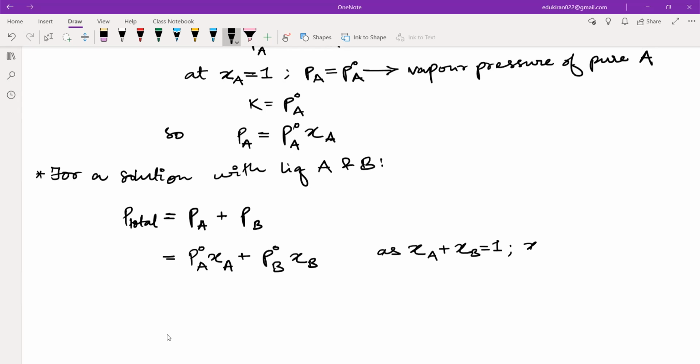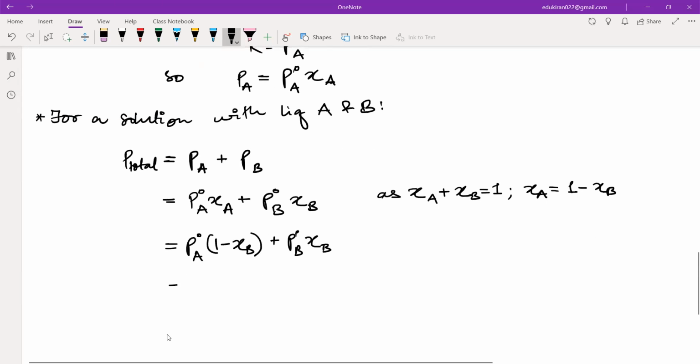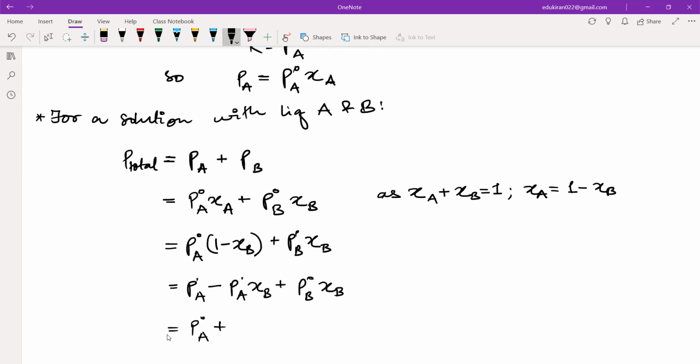So we can write chi A is equal to 1 minus chi B. And this will give me P naught A times 1 minus chi B plus P naught B times chi B. Now, if I want to expand this, this will be equal to P naught A minus P naught A chi B plus P naught B chi B. P naught A plus, now we will take P naught B minus P naught A and chi B as common.